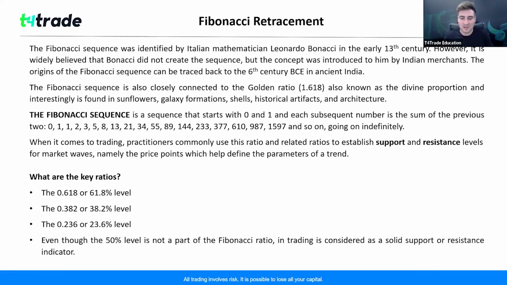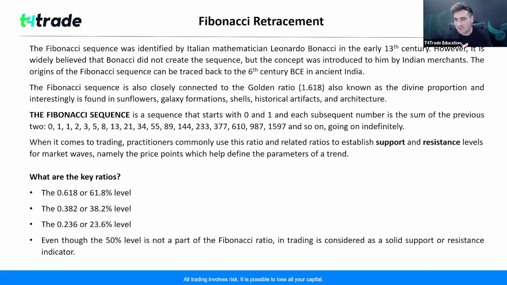The Fibonacci sequence is closely connected to what we call the golden ratio, which is 1.618, also known as the divine proportion. This ratio can interestingly be found in many aspects of life.